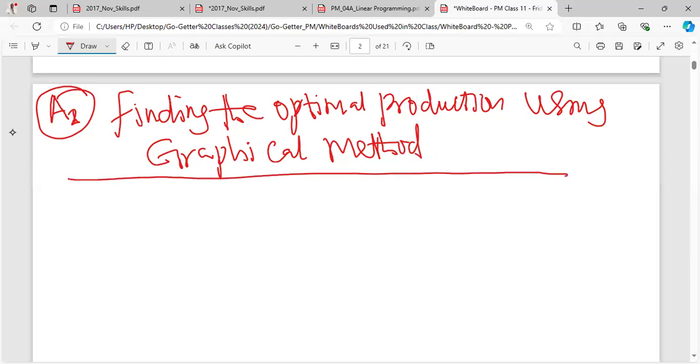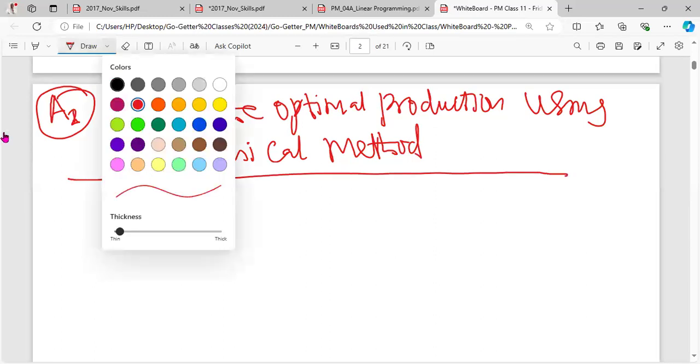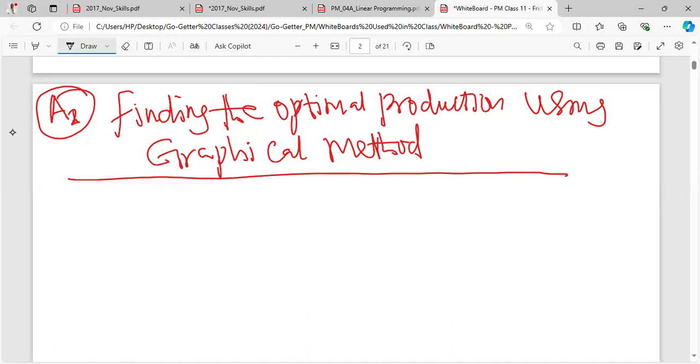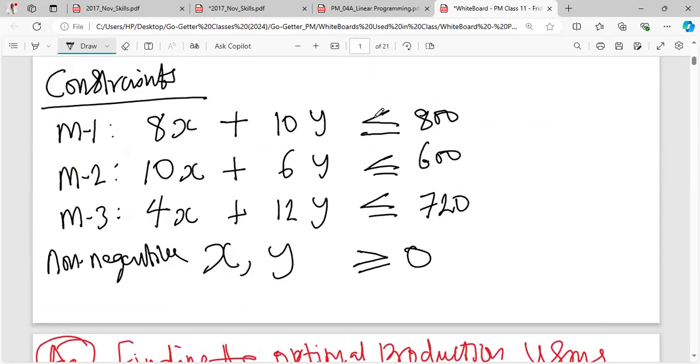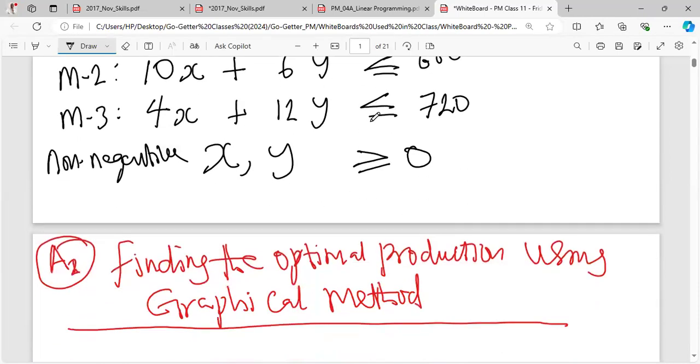Okay. Now, if you are plotting a graph, that is, you're using the graphical method, right? It means you must be drawing a line. Now, for you to draw a line, you cannot be using greater than or equal sign or inequalities. We must convert these inequalities. So look at what we are going to do.